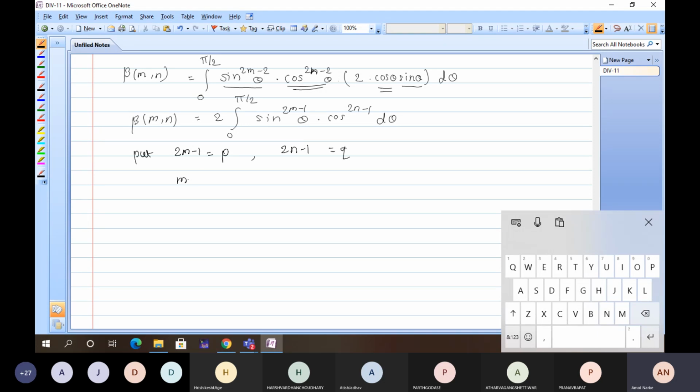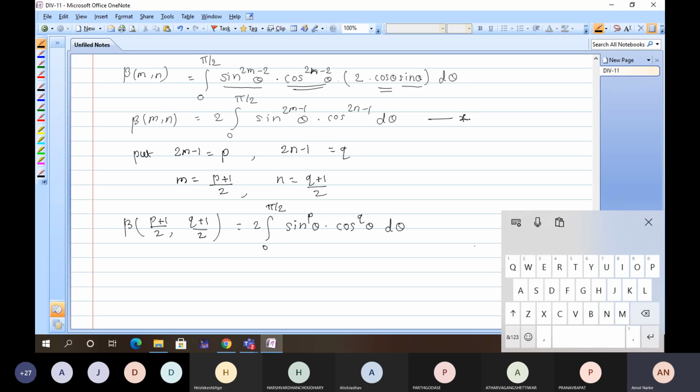So I will get the value of m equal to p plus 1 divided by 2, and the value of n equal to q plus 1 divided by 2. If I substitute this in the above star equation, beta of m comma n, that is beta of p plus 1 by 2 comma q plus 1 by 2, is equal to 2 as it is, limit 0 to pi divided by 2 as it is, sine raised to p theta into cos raised to q theta d theta.